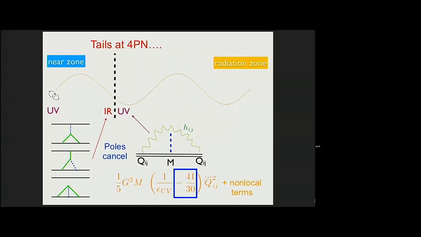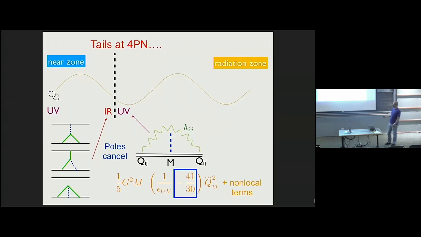And in the far zone, you have this diagram, which is infrared divergent. So this is infrared divergent, and this is ultraviolet divergent. But if you combine them together, the final Lagrangian is finite. And since you have used the same regulator, dim-reg, in the two regions, the sum is entirely predictive, and you have this finite coefficient. So this goes away. This is a known term since 88, Blanchet and Damour.